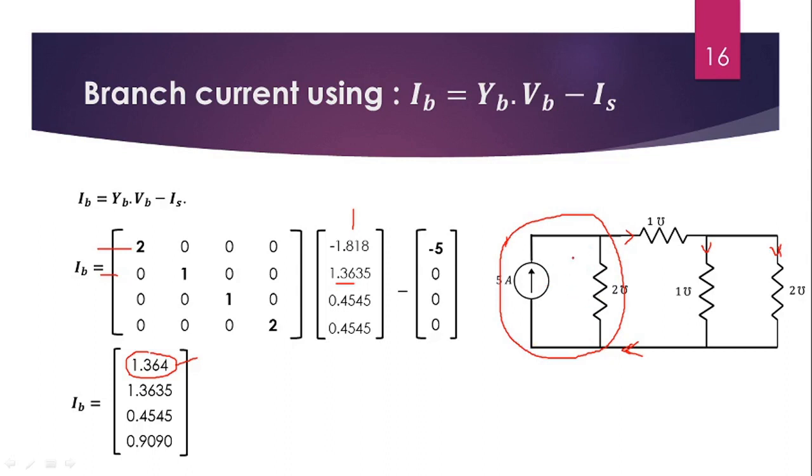It is nothing but 5 minus 1.364, so that becomes 3.636, the current flowing through 2 mho.